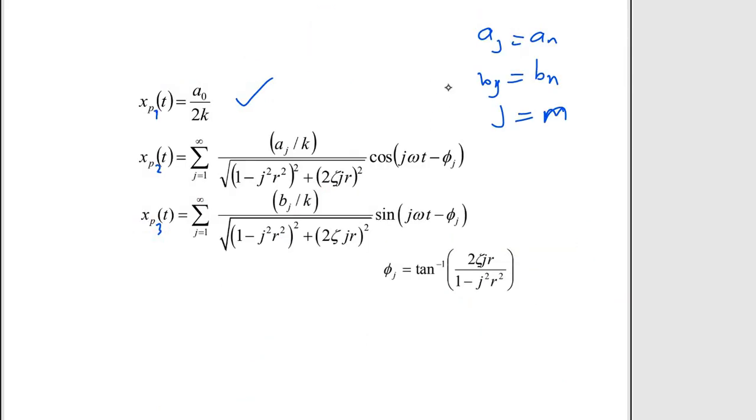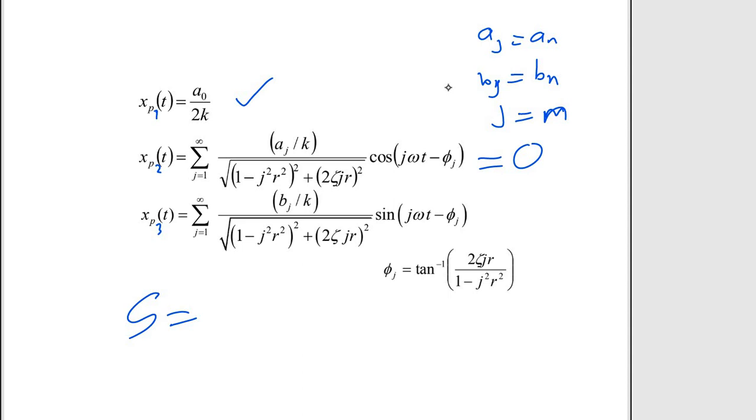That means we don't have an xp2 term, so all of it is going to be 0. Then lastly, for the particular solution xp3, we are going to need to find zeta. We can easily find zeta.